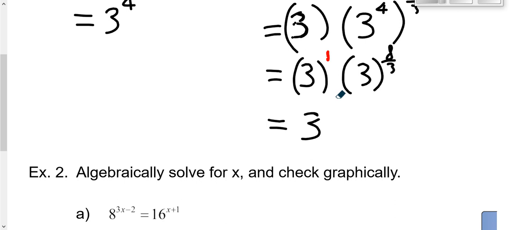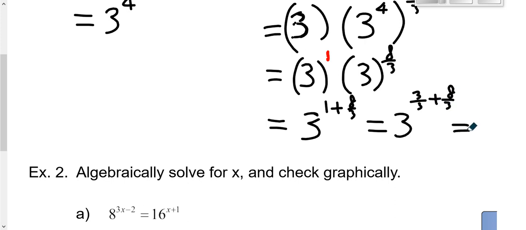So I have 1 plus 8/3. If you want to combine the exponents, you can rewrite that as 3 raised to the power of 3/3 plus 8/3. Now, because they have the same denominator, we can just add the two fractions. So on the bottom we have 3, on the top we have 11.